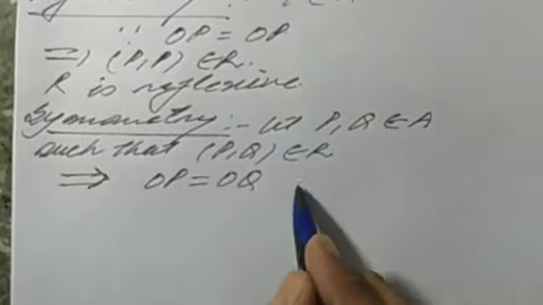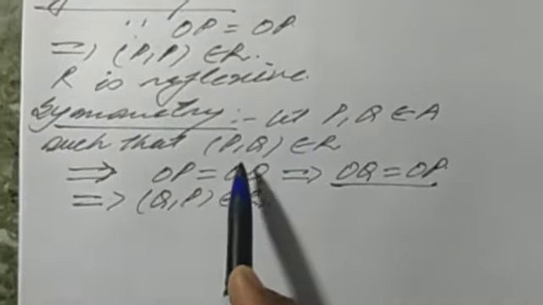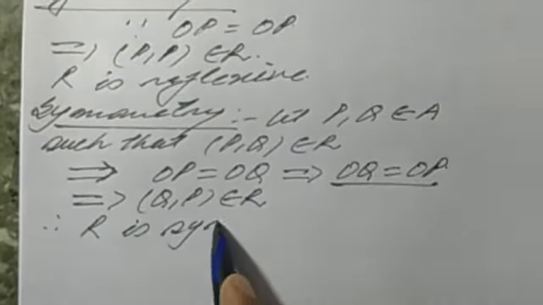So obviously this statement may also be written as OQ is equal to OP. If OP is equal to OQ, then OQ is equal to OP. There is no difference. So with this condition we may write (Q, P) belongs to R. So we have shown if (P, Q) belongs to R, then (Q, P) also belongs to R. So in this way R is symmetric.